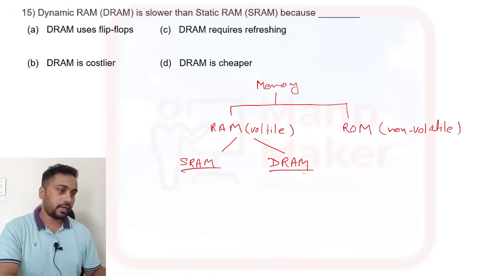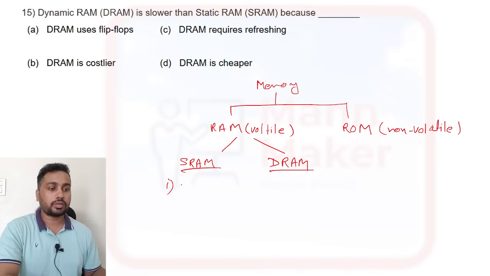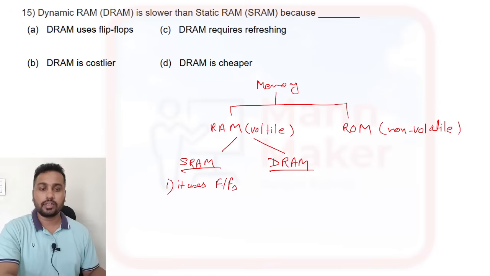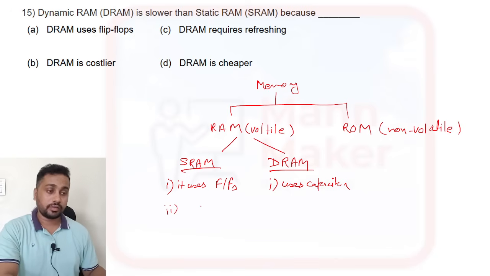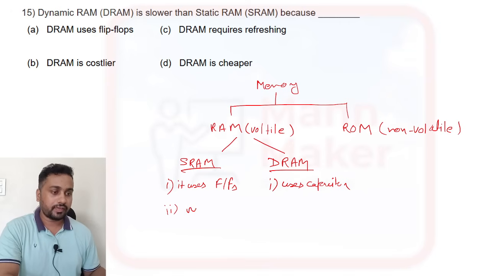SRAM is static random access memory and DRAM is dynamic random access memory. SRAM uses flip-flops for storing the elements, and DRAM uses capacitors to store the element. As SRAM uses flip-flops, refreshing is not required.